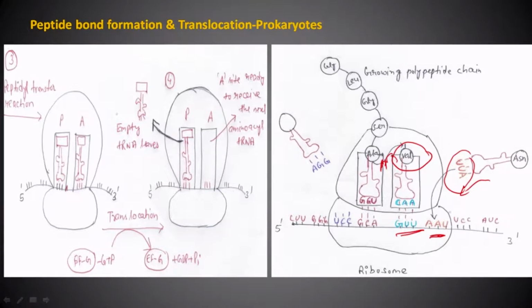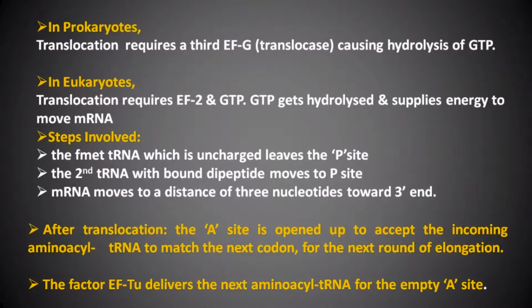So it will go and base pair with it, and this way, until the stop codon or termination codon comes, the polypeptide chain will keep on growing. Here this tRNA gets released for attaching a new amino acid to it. So in prokaryotes, we should remember that it's a very simple process.